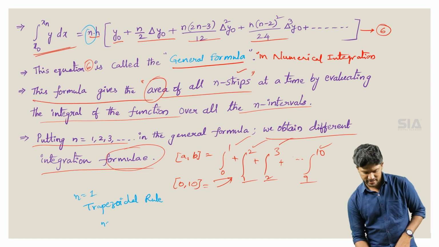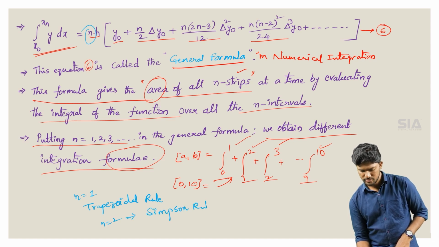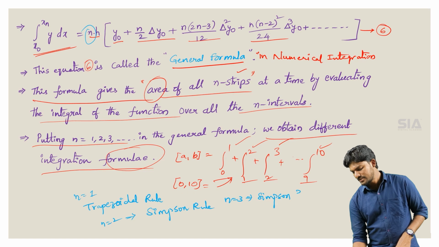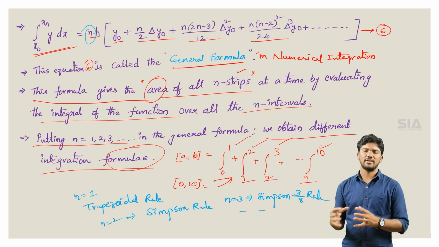If you substitute n is equal to 2, you will get Simpson's rule. If you substitute n is equal to 3, you will get Simpson's 3/8 rule. In this format you will get the different formulas.